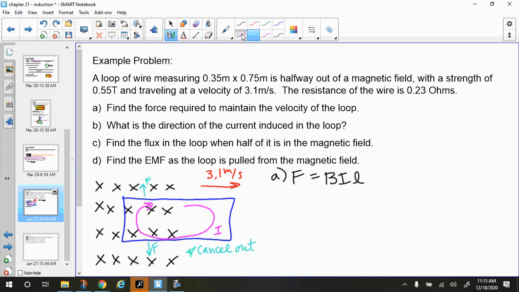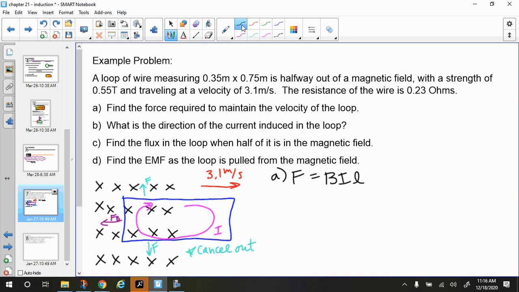And in this section of wire, our current is up, our magnetic field is into the page, the force is this way. So this is just my wire moving in a magnetic field. And the force is equal to the magnetic field times the current times the length.